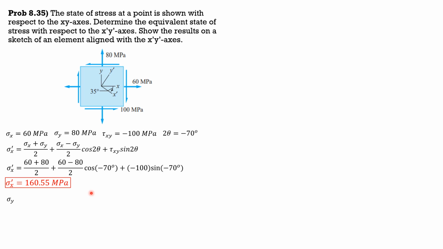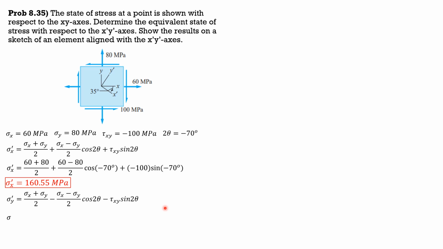Sigma y prime is equal to sigma x plus sigma y over 2 minus quantity sigma x minus sigma y over 2 cosine 2 theta, then minus tau xy sine 2 theta.